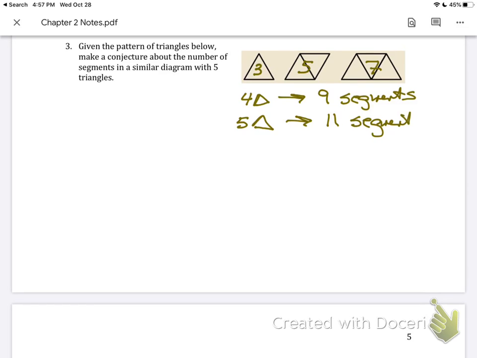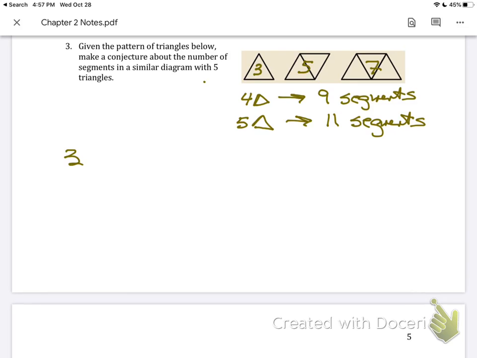Okay, let's read this question. Given the pattern, make a conjecture about the number of segments in a similar diagram with 5 triangles. Okay, so my conjecture is the pattern. When you start with a standalone triangle, you have 3.